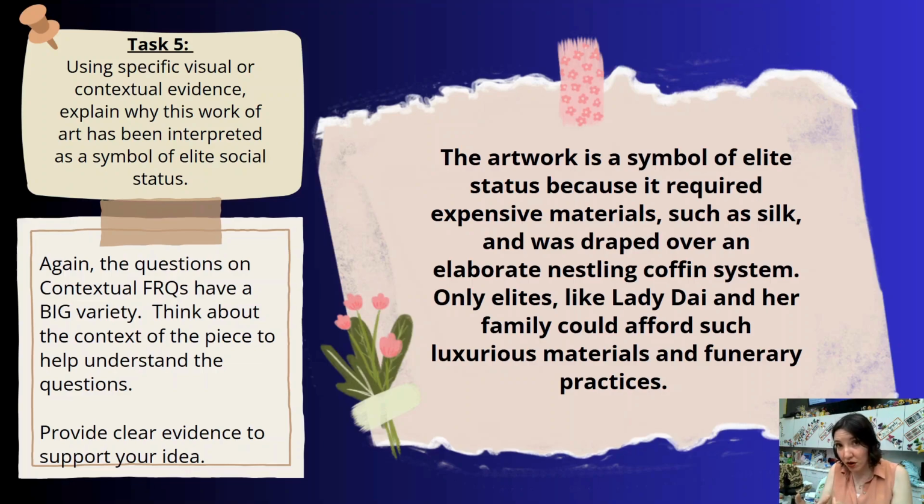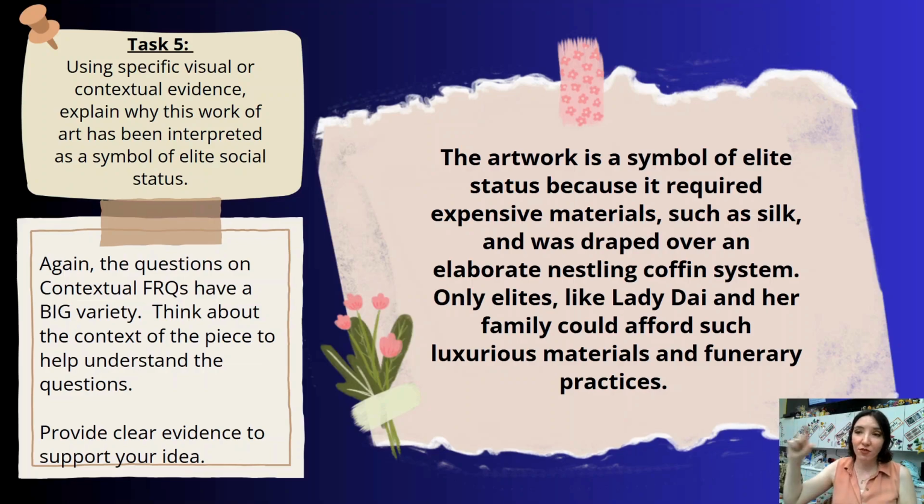Describe is a simple word. That's where you get away with the main color is red. Explain why, dive in, go deeper, be more specific. So my example, the artwork is a symbol of elite status because, I use the sentence starter, it required expensive materials such as silk and was draped over an elaborate nesting coffin system. I finagled the words there to talk about the 3 coffin thing. Only elites like Lady Di and her family could afford such luxurious materials and funerary practices.